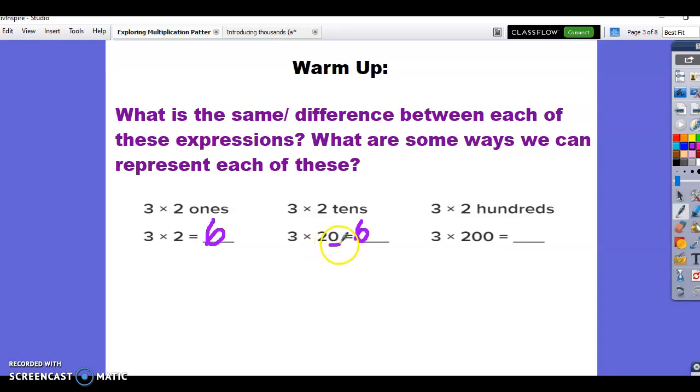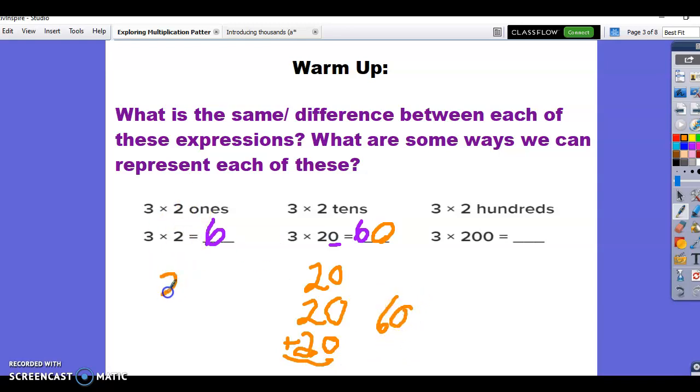If I'm doing by tens, the only thing I have to do is add in a 0, which is 3 sets of 20. So if I have 20 and 20 and 20, which is that repeated addition, I get 60. And here it would have been 3 sets of 2, 2, 2, which is 6.